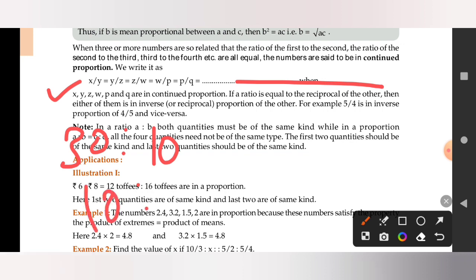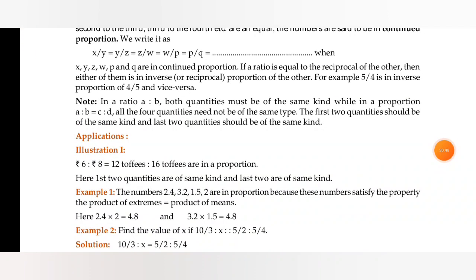So 10 is to 30. For example, 5 by 4 is in inverse proportion of 4 by 5 and vice versa. We have already seen inverse ratio in the ratio topic, where 3 is to 4 is the inverse of 4 is to 3 and vice versa.